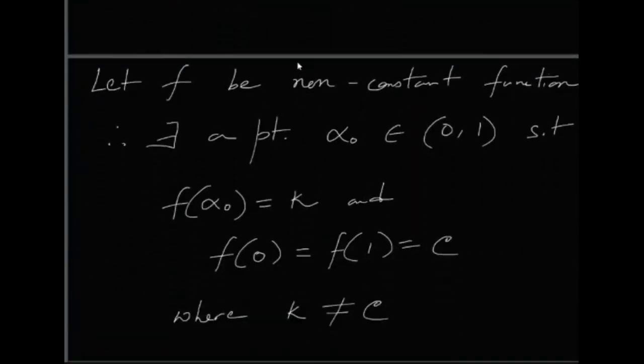I'm taking the non-trivial case, the trivial case obviously being that f is a constant function. Suppose f(x) equals half for all x. In that case f(0) and f(1) are both half, and in fact any two points in the interval [0,1] have the same functional value.